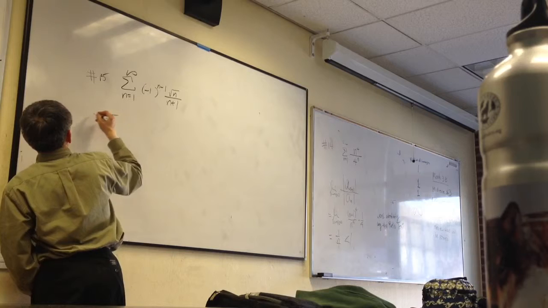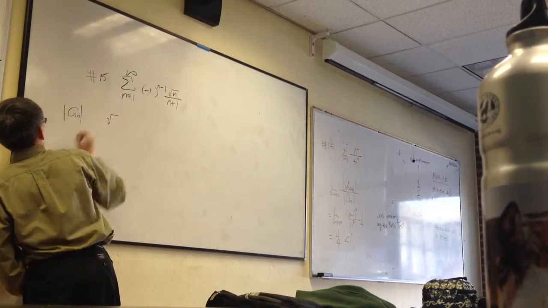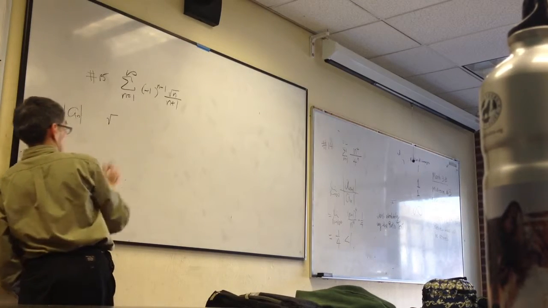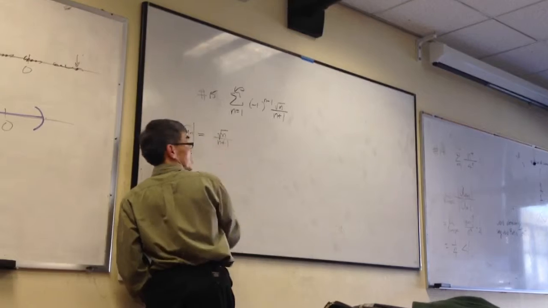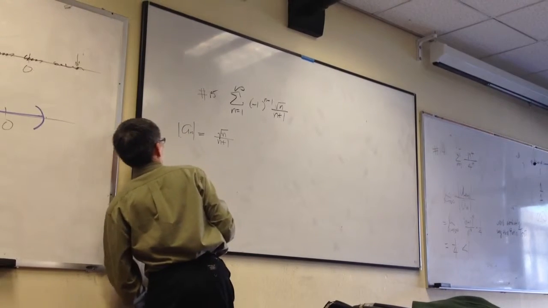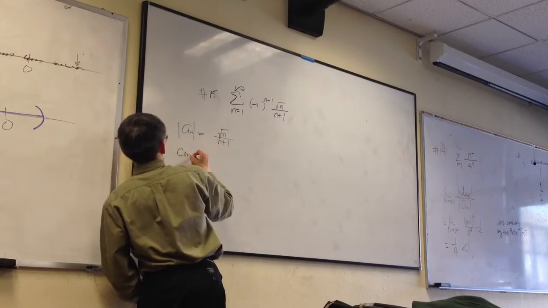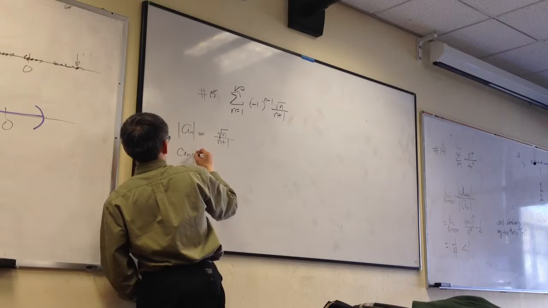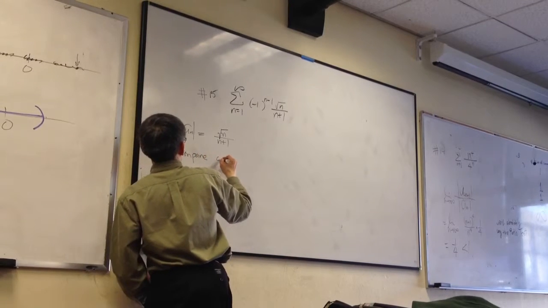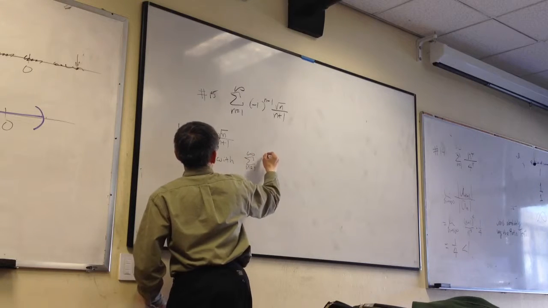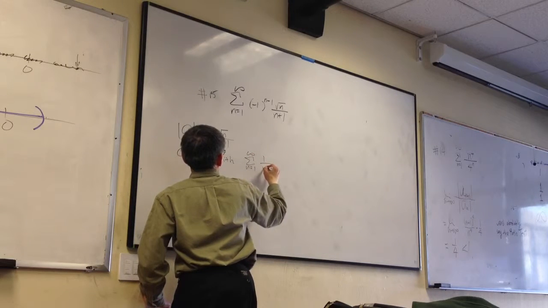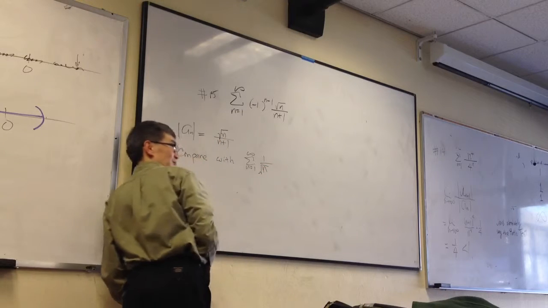let me clean up the absolute value part first. The absolute value is square root n over n plus 1, all right? And then compare with the summation n goes from 1 to infinity of 1 over square root n, right?